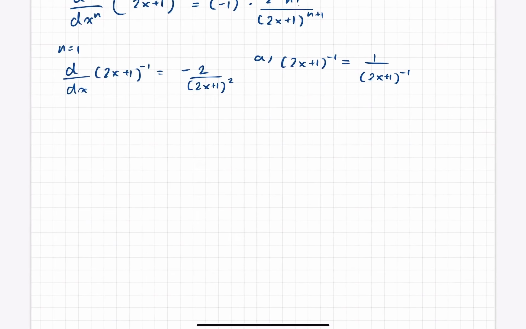So in other words, we're going to say that d^(k plus 1)/dx^(k plus 1) is equal to the derivative of d^k/dx^k of (2x plus 1)^-1.